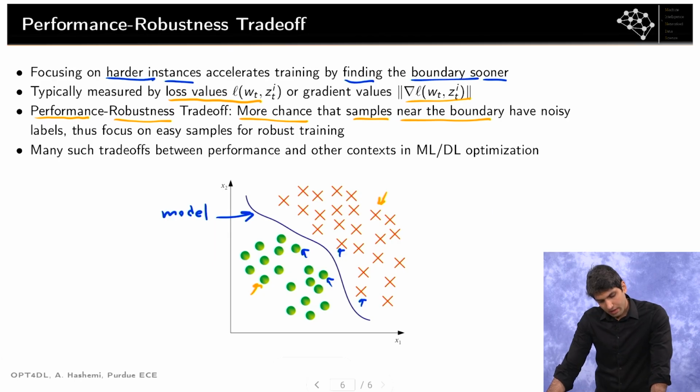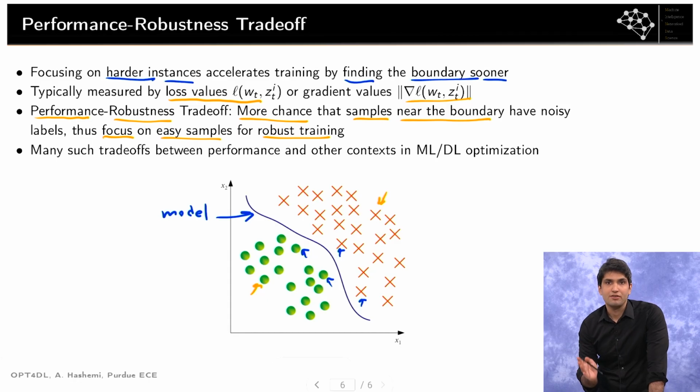There are articles in the literature that advocate focusing on easy samples for robust training. So this is exactly the opposite of what we just mentioned, right? It therefore depends on what your goal is, and what the context is.